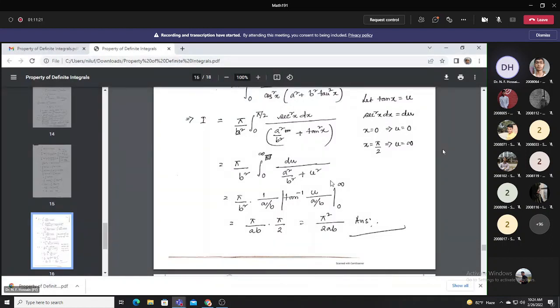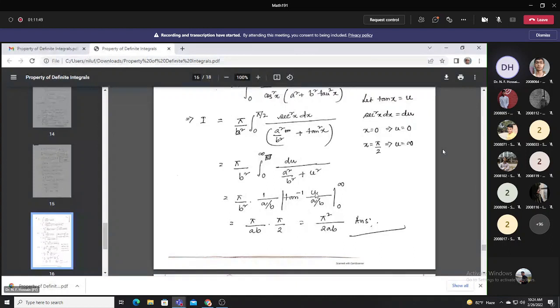So you can here use the formula for tan inverse x by a. Dx divided by x square plus a square is nothing but 1 over a tan inverse x by a. Your a is root over this, that means a by b. So 1 by a by b into tan inverse u divided by a by b. Then you use the limits. When u is infinity, the whole thing becomes infinity. Tan inverse infinity means pi by 2.